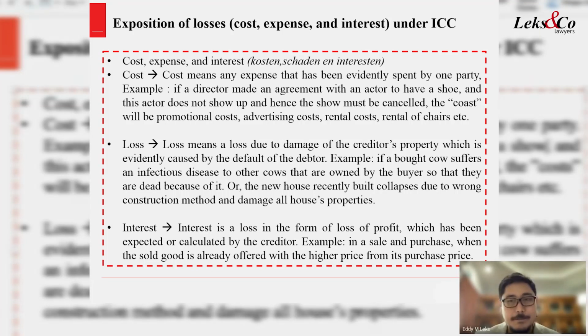It's two different things. But because of your default, you're supposed to construct a house properly, right? But the fact that the house is collapsing causes me losses, right? And the loss is not only about the expenses that I spent to build a new house, but also these things that are lost because of the default that you do.